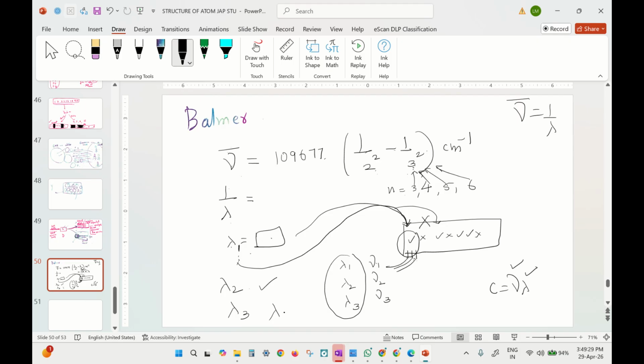When I substitute 3.5, I still get a lambda value. I substitute 3.5 in place of n, and I still get a lambda value, but it is not found in this emission spectrum. Where would it be, if not in emission? Absorption. So the hydrogen atoms needed these electromagnetic radiations and did not emit these.